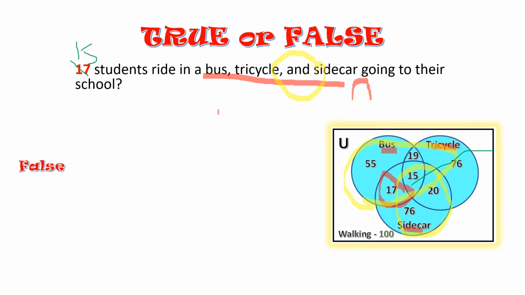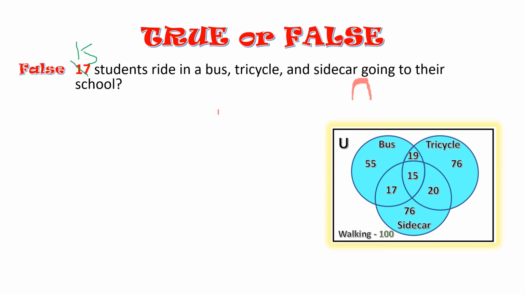Why? The statement is false. He should be in the intersection of bus and, at the same time, in the intersection of tricycle and sidecar. But the 17, class, is not in the intersection of tricycle. He is only in the intersection of bus and sidecar. So, that is our answer.